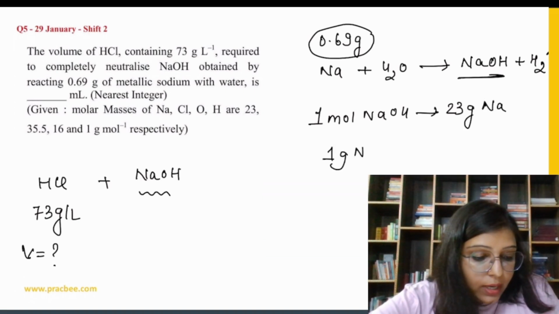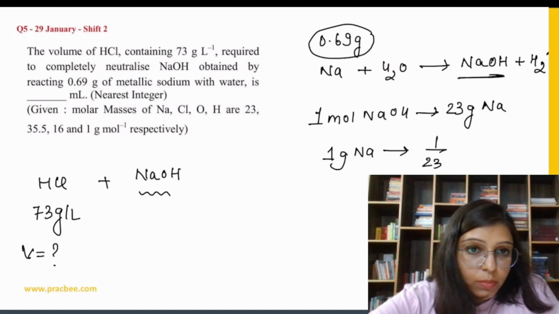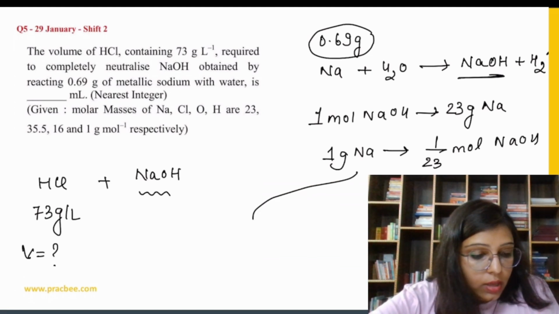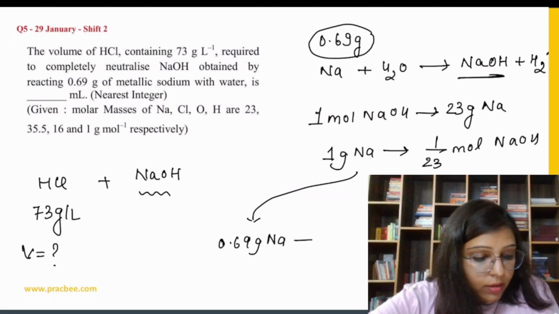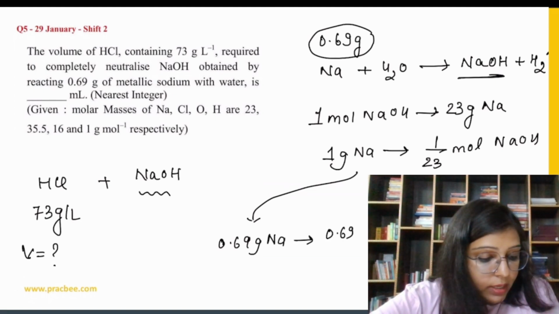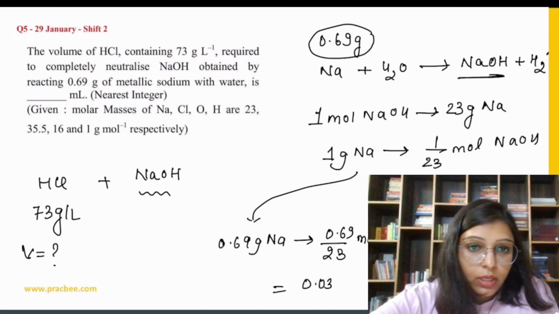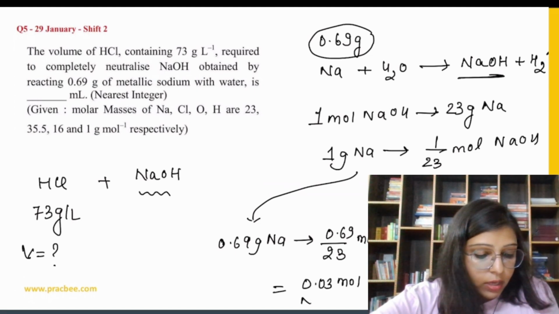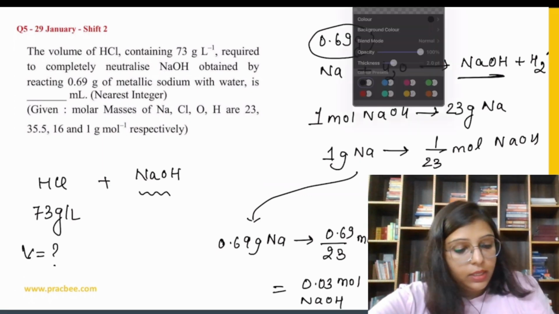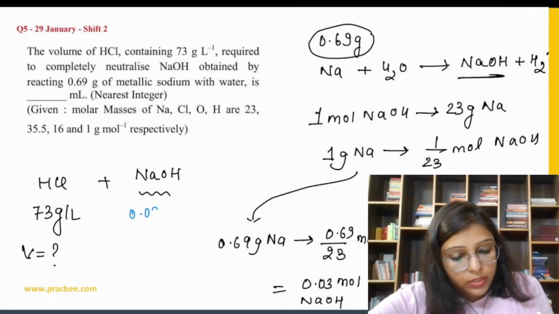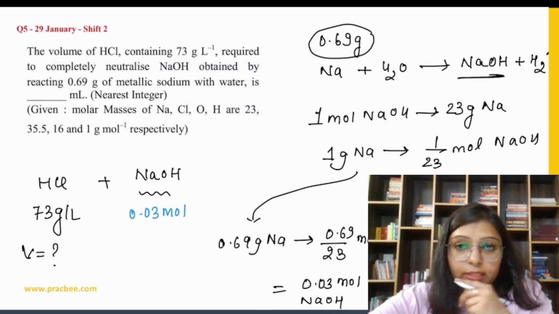So in 1 gram Na, we have 1 by 23 mole NaOH, and in 0.69 gram Na, we have 0.69 upon 23 mole NaOH, which is equal to 0.03 mole NaOH.